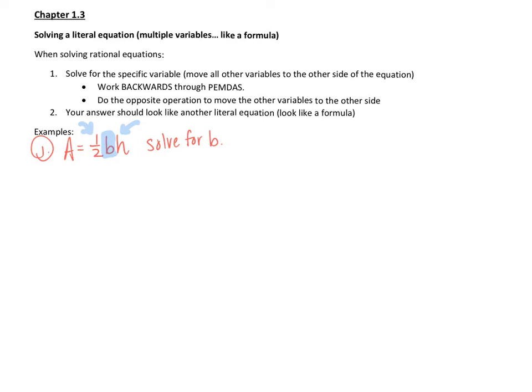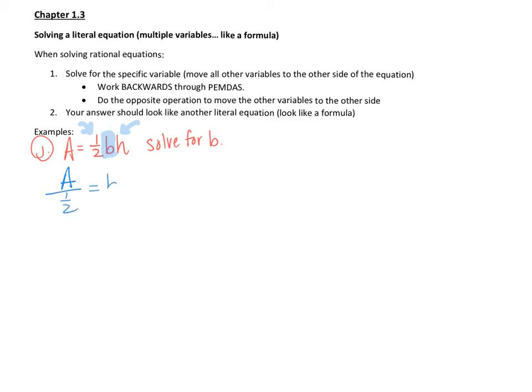Well, the 1/2 is being multiplied by the h. So I need to undo that multiplication of the 1/2. To undo multiplying by a half, I would divide by 1/2. So I'm going to take that A and divide it by 1/2.